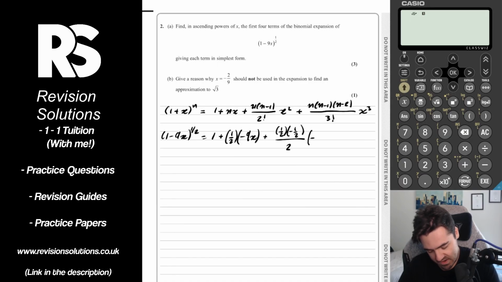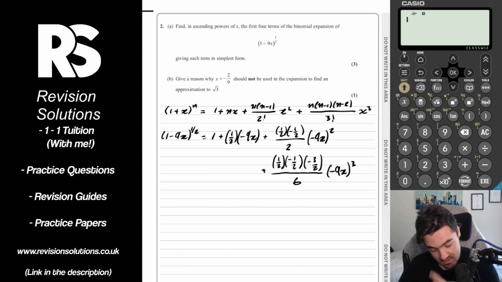But it's times minus 9x all squared. And then the last term would be a half times minus a half times minus 3 over 2 all over 3 factorial, which is just 6, but times minus 9x all to the power of 3.